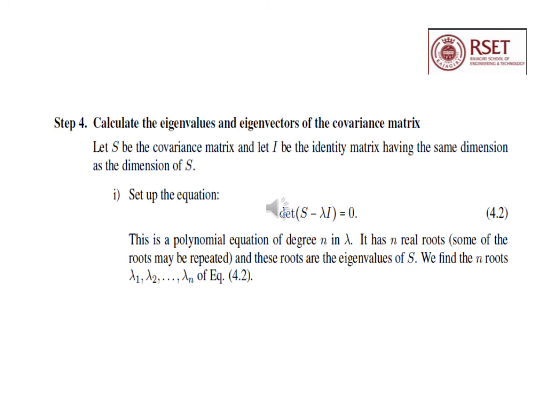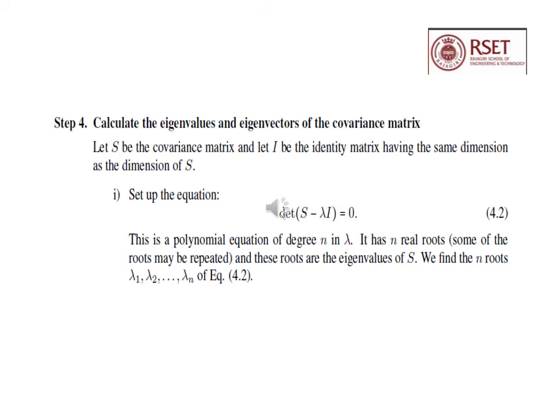So next is how we can calculate the eigenvalues and eigenvectors of the covariance matrix. Consider S to be the covariance matrix and I the identity matrix. Set up the equation: the determinant of S minus lambda I is equal to 0.